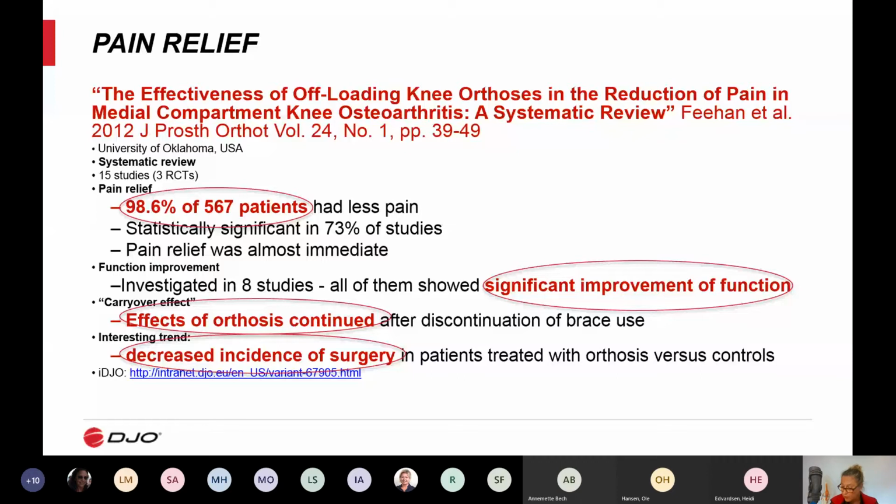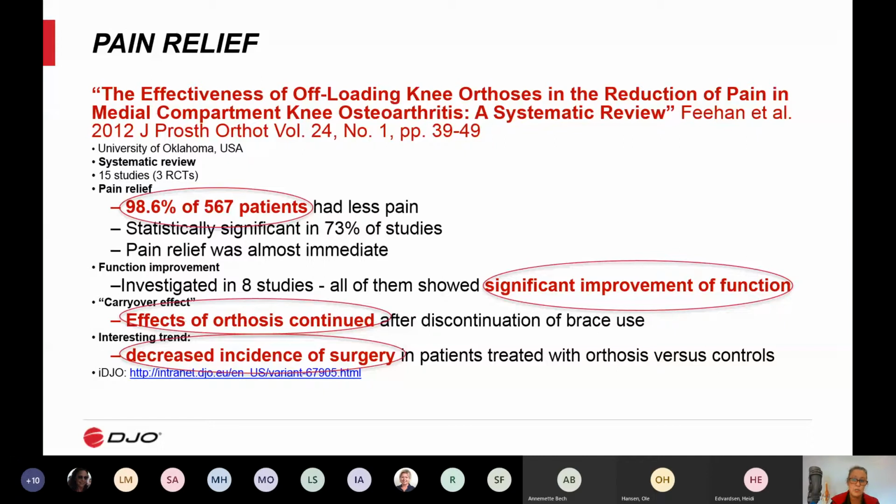What the patient had to do was put on the knee OA brace, and this was for the medial compartment, not the lateral, because most of the patients that have OA have the medial compartment as the most affected. But what they found out is that in 8 of the studies there was a significant improvement of the function.